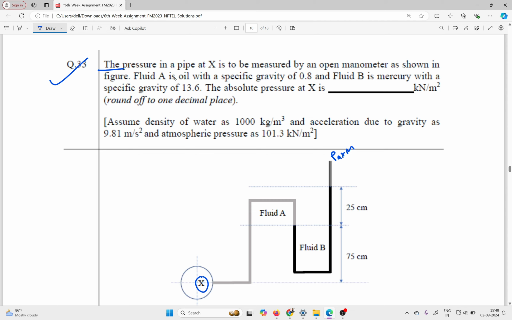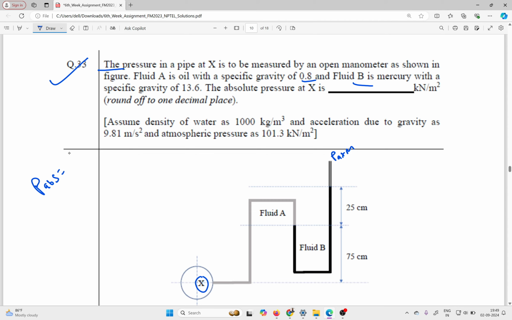Fluid A is oil with a specific gravity 0.8. Fluid B is mercury with a specific gravity 13.6. Calculate the absolute pressure at X in kilonewton per meter square. Assume density of water is 1000 kg per meter cube, acceleration due to gravity 9.81, and atmospheric pressure is 1.3 kilonewton per meter square.